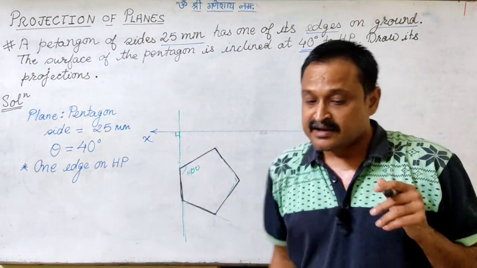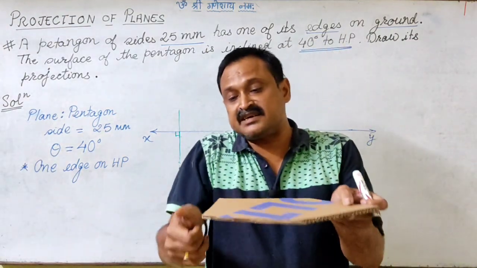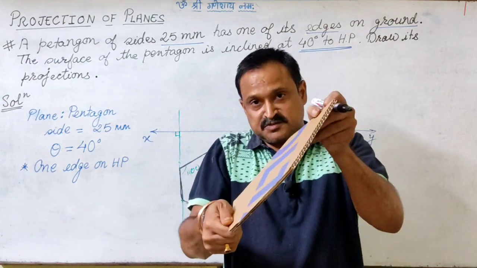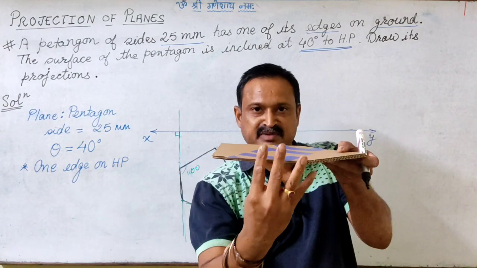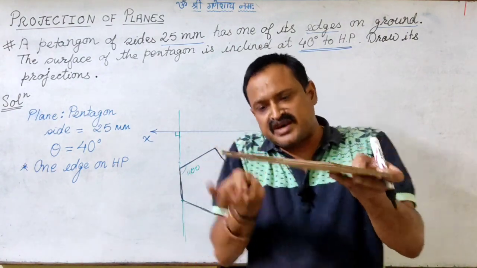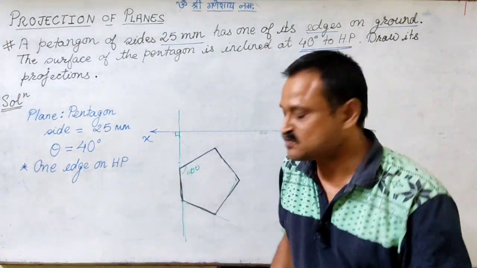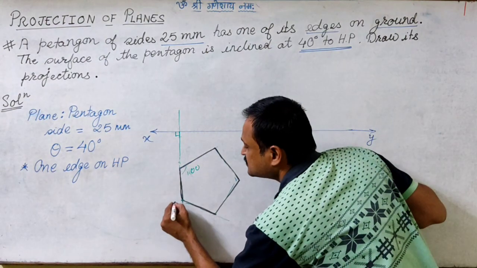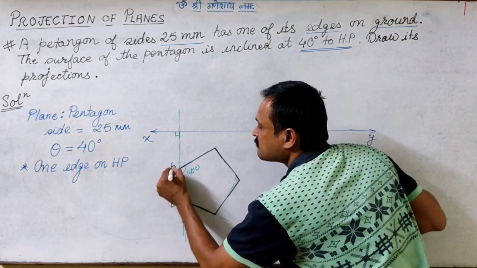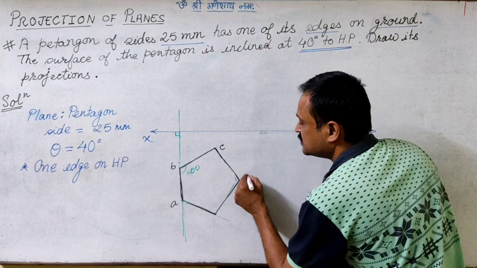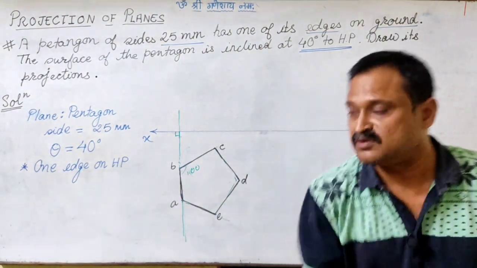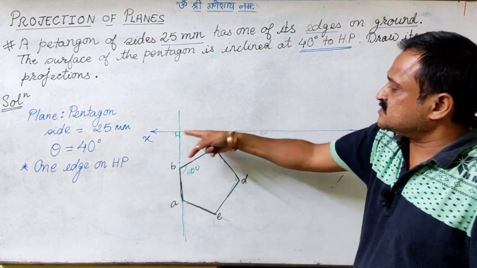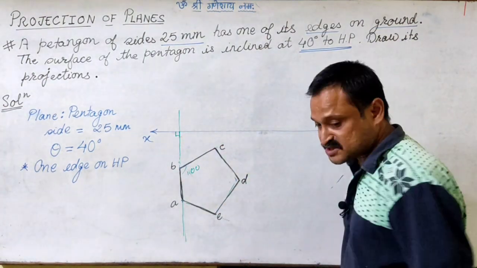Now what did I say? We have been told that one edge is on HP. So we have put all the edges on HP. So that means the front view will be a trace length and it will be on the ground only. Ground means on the XY. Let us see. So we'll name these corners as A, B, C, D and E. So when it is on the ground, I'll be able to see the trace on the XY line.